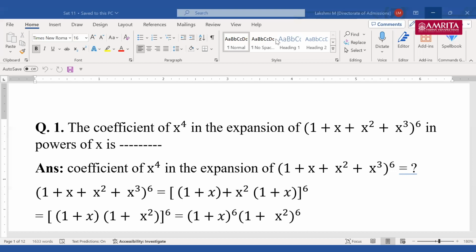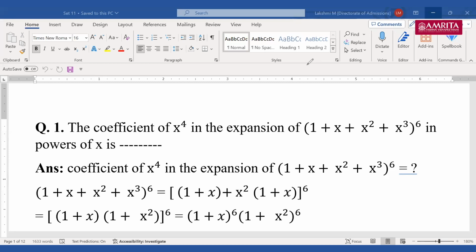So the question is: the coefficient of x raised to 4 in the expansion of (1 plus x square plus x cube) whole raised to 6 in the powers of x. Mostly when it comes to JEE, this type of question comes in the numerical part. Multiple choice questions are also there, but mostly it comes in the numerical part.